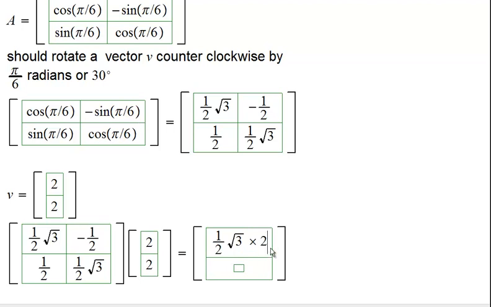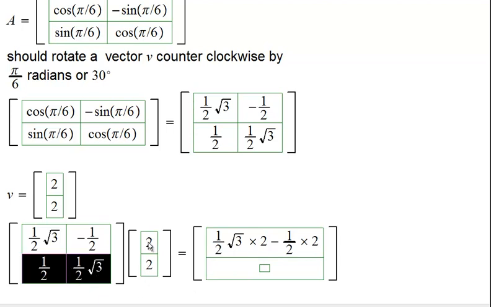Then this is going to correspond to this now, so we have negative 1/2 times 2. And then here we will have this corresponding to that, and we multiply the corresponding entries.